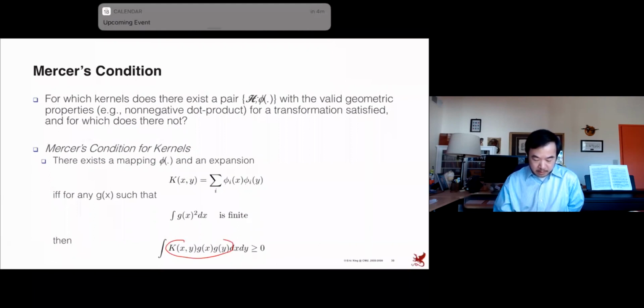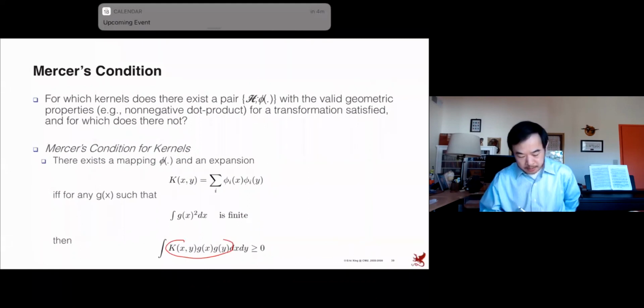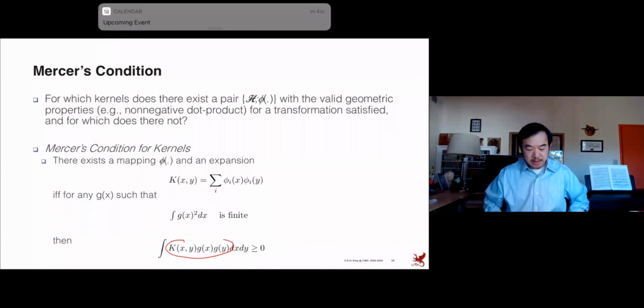Okay. But again, these are just some maybe off-topic discussions on how to make use of the kernel trick to allow you to peep into the VC dimension of originally very complex functions.